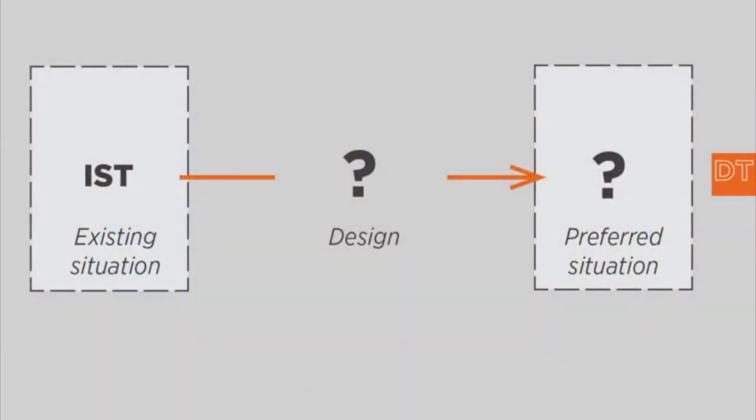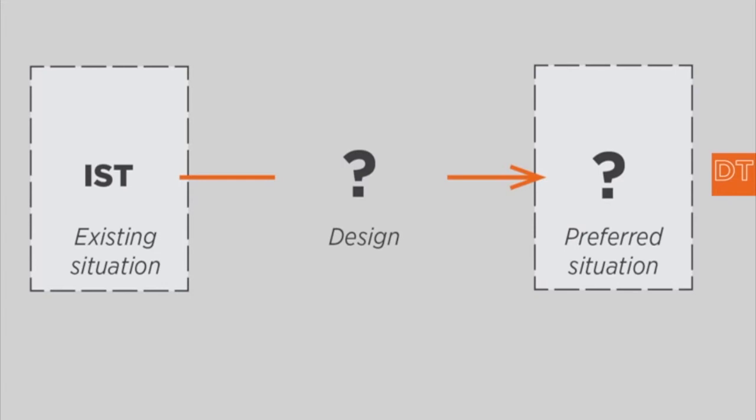If I go back to this very simple design model of how to get from the existing situation into the preferred situation, actually it looks more like this. We know what the existing situation is, and probably even there we disagree every now and then, but let's face it, there is an existing situation, but we don't know what the preferred situation is.